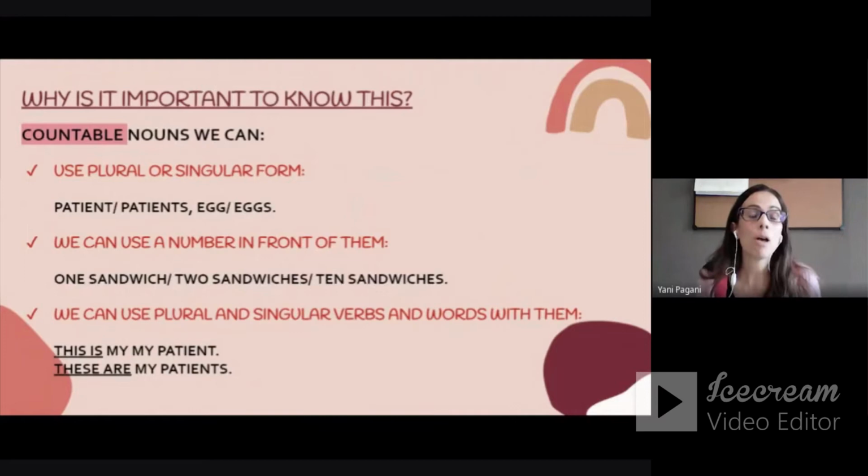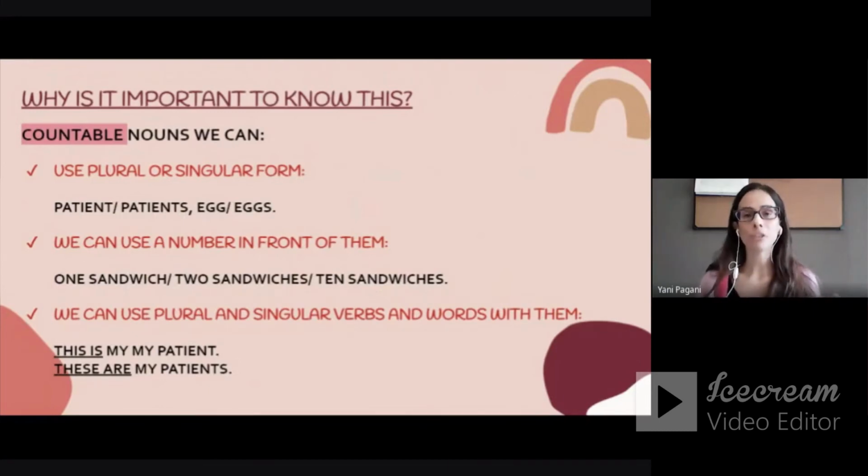For example, we can say 1 sandwich, 2 sandwiches, 10 sandwiches. And when we know a noun is countable, we know what type of words or verbs we can use with them.